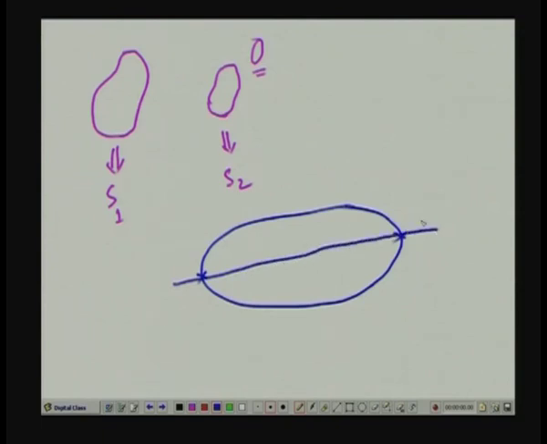I want to ensure that the grid that I place is aligned with this principal axis, and this is nothing but, as we have said, the major axis, and the minor axis is perpendicular to this major axis. So, our grids must be aligned with this major axis and the minor axis. And then we decide about the grid spacing, because this is what will decide the order of the shape number that we generate.